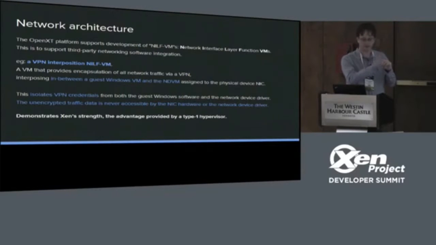It goes into the VPN VM, which puts it into a VPN. So your VPN credentials are isolated from your guest. And then the network traffic from this VPN VM goes to your network driver VM. So everything that goes over that link is encrypted and contained within the VPN. And your device driver VM is similarly isolated from your VPN credentials.